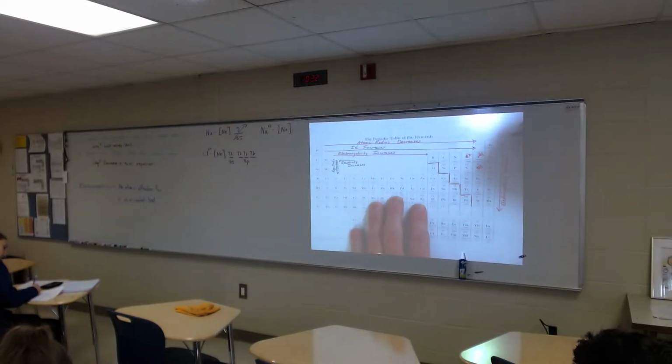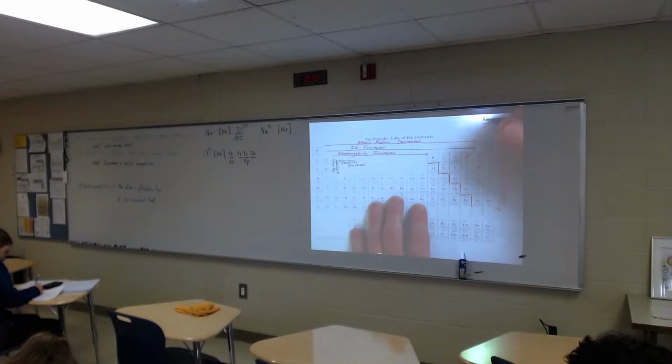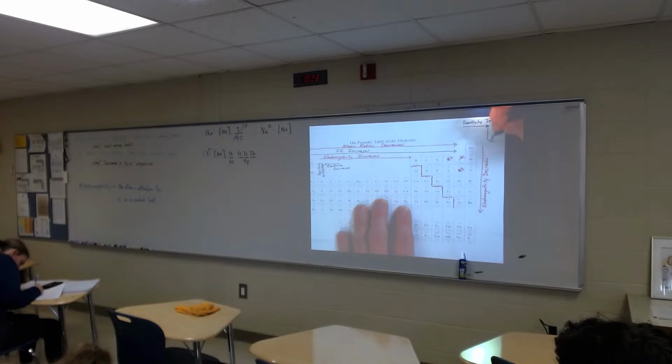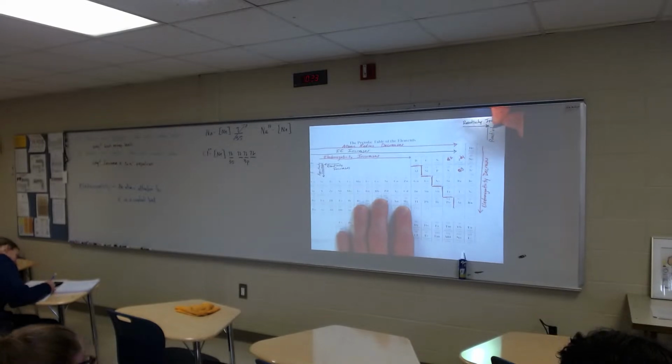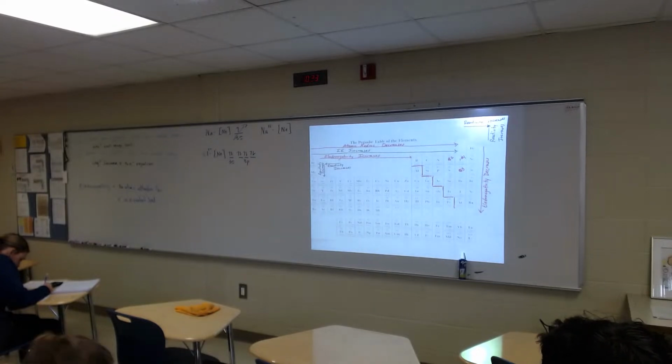Non-metals, their reactivity increases going up and to the right. You'll see what I'm writing here. Reactivity increases on the right and up. So fluorine is the most reactive non-metal. Again, we'll skip noble gases with that because they don't react.